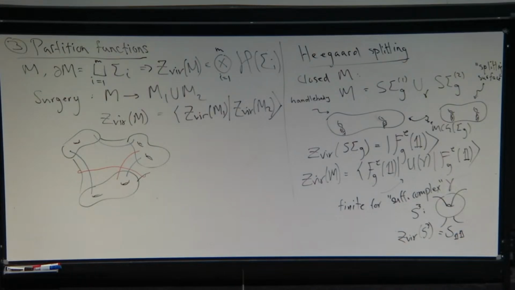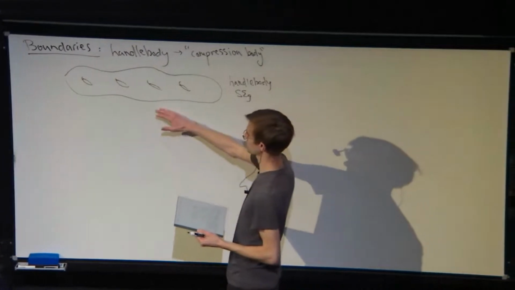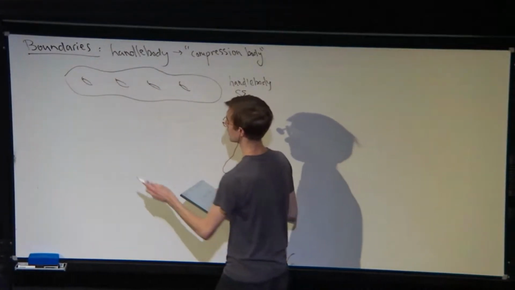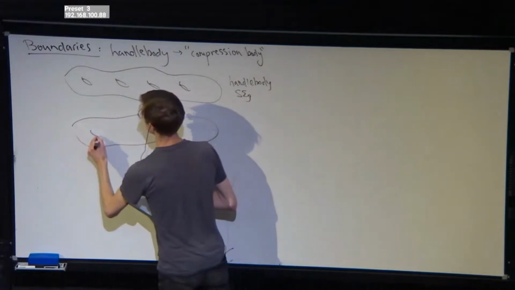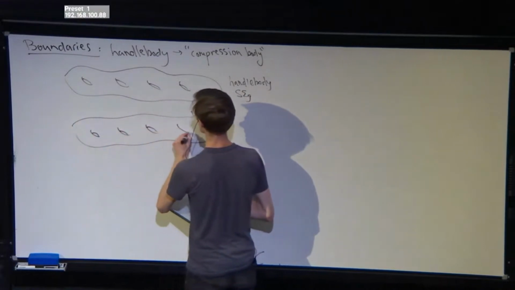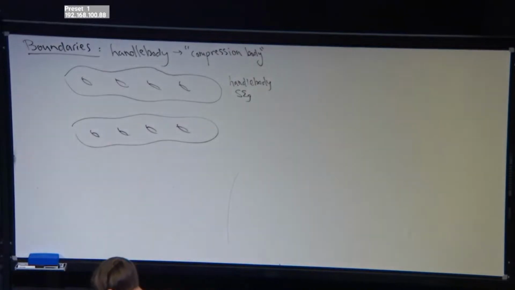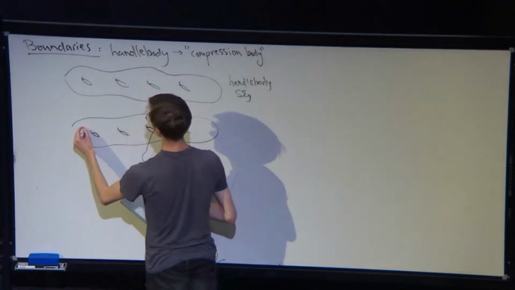Okay, so we're discussing these compression bodies. You start with a handle body, so you take this Riemann surface, fill in some cycles, and then in the interior of the handle body, you drill out another Riemann surface.